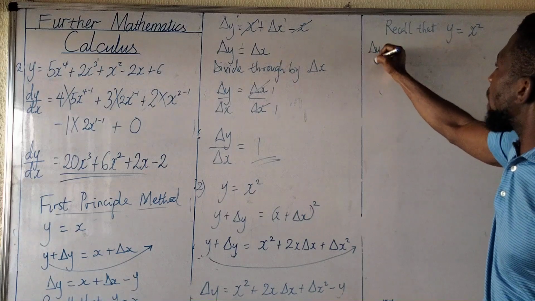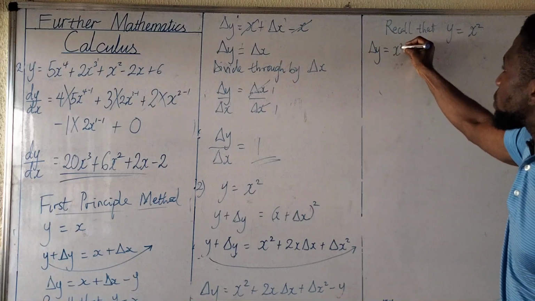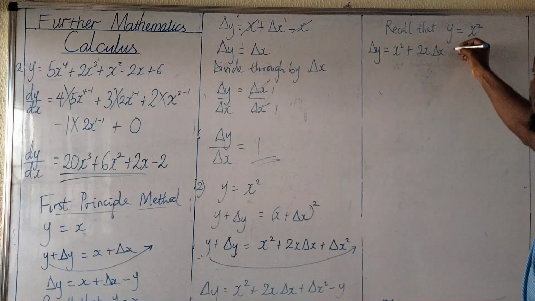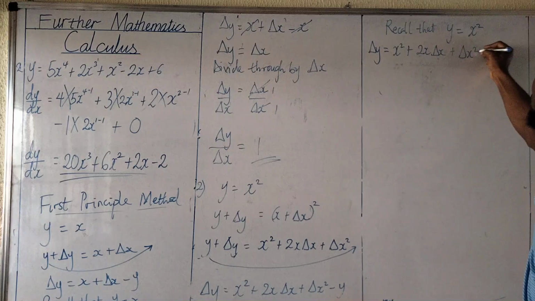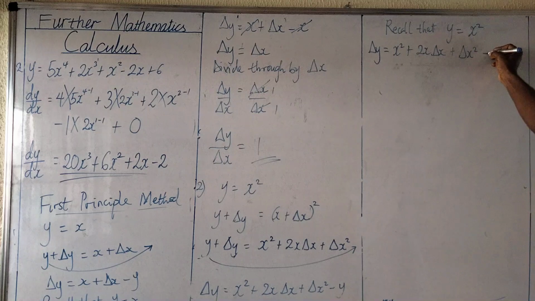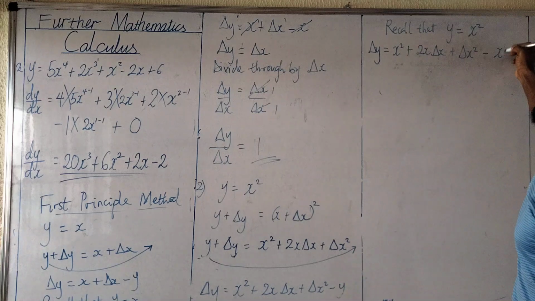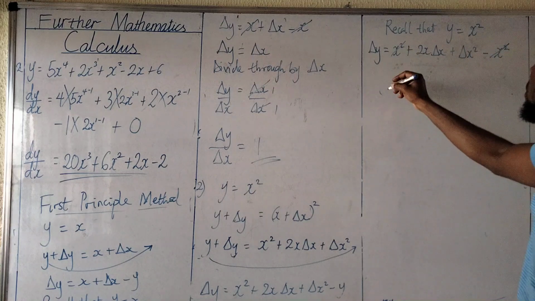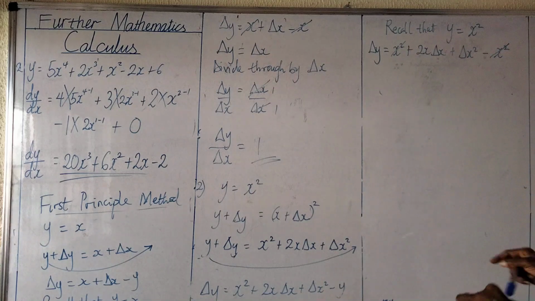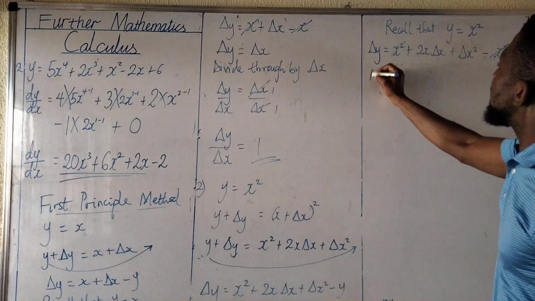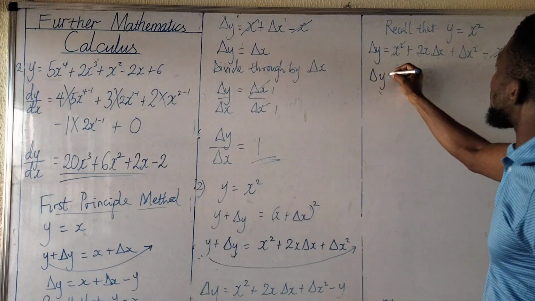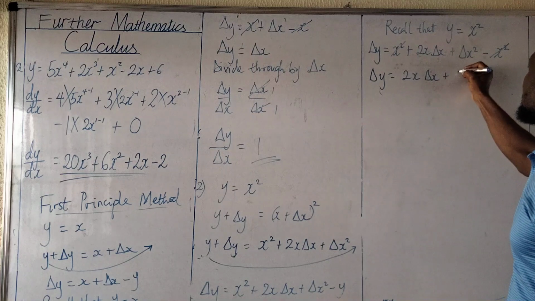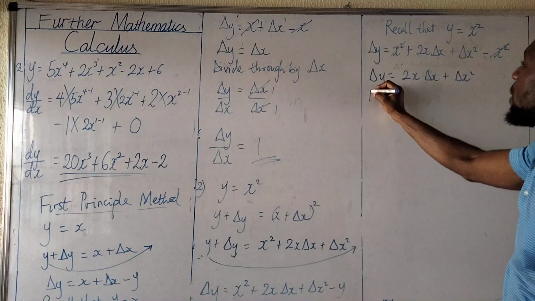Therefore change in y equals x squared plus 2x change in x plus change in x squared minus x squared. So x squared goes, and we are left with change in y equals 2x change in x plus change in x squared.